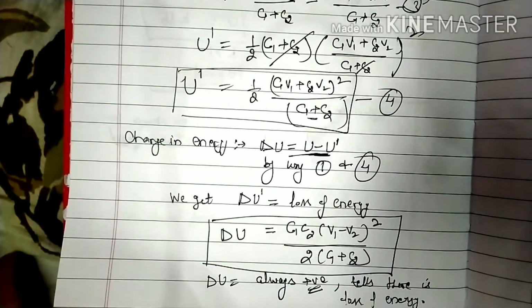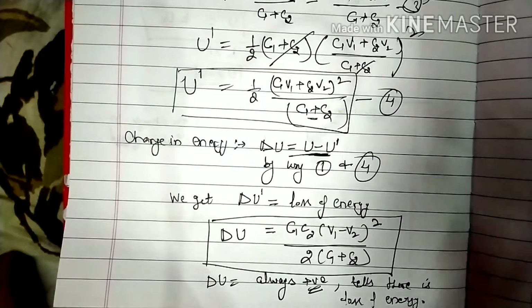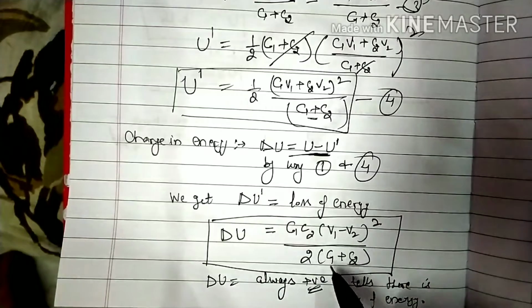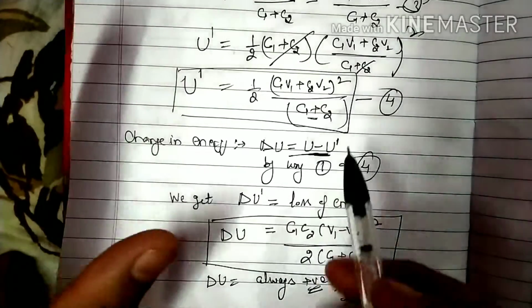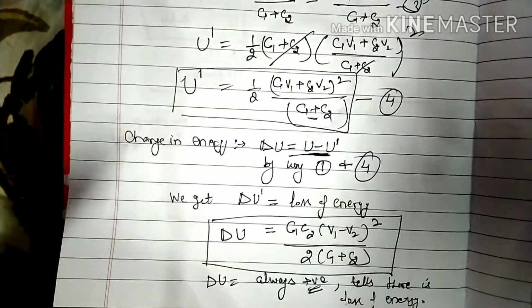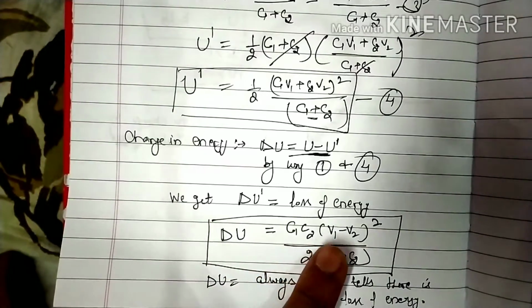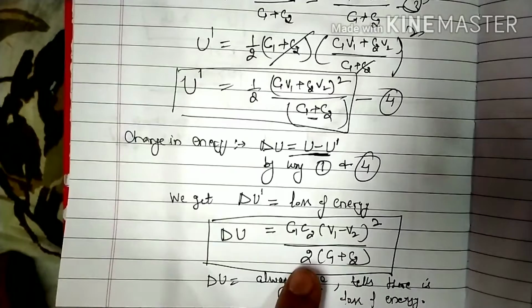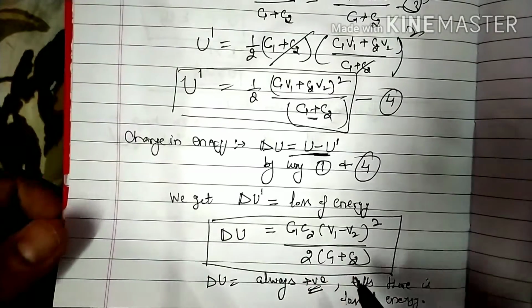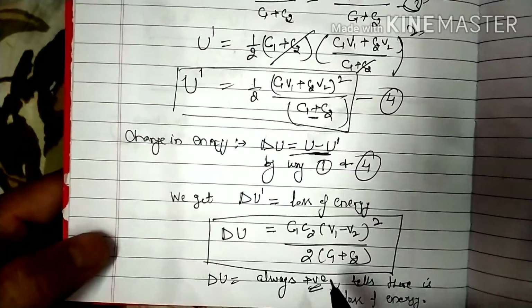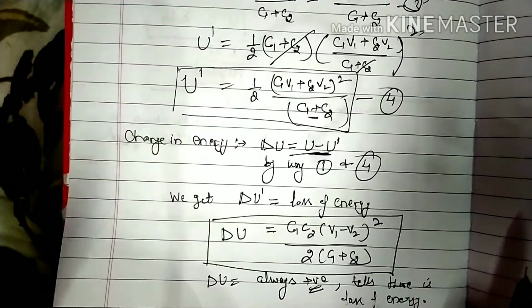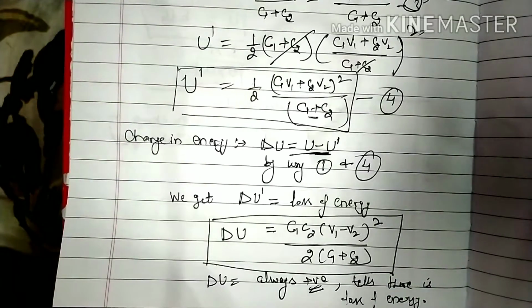After calculating equation number 1 and 4, we will write here change in energy and write the end formula. No need to solve, no need to increase the steps. You just remember this formula C1 C2 into V1 minus V2 whole square divided by 2 C1 plus C2. Now we have one example that will clear this concept further.